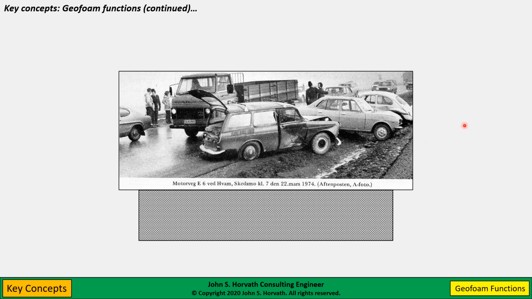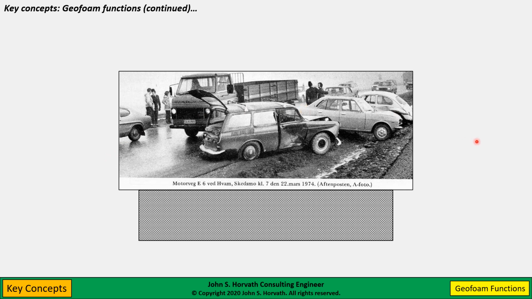And as I said, this was found to occur first in the late 1960s, early 1970s, when geofoams were being used as pavement insulation. And I know certainly here in the United States that there was at least one case where there were fatalities associated with this sort of thing.